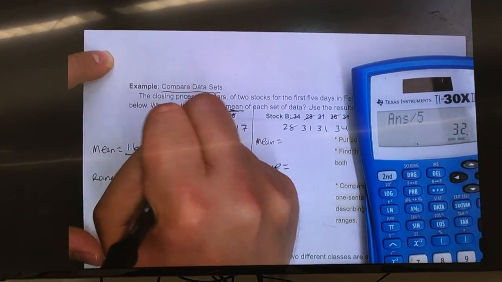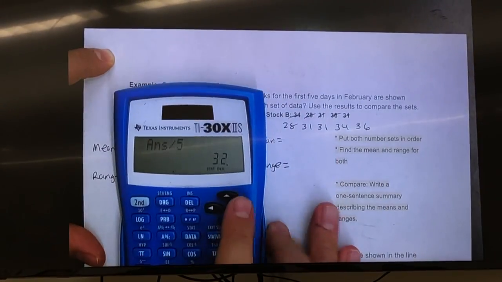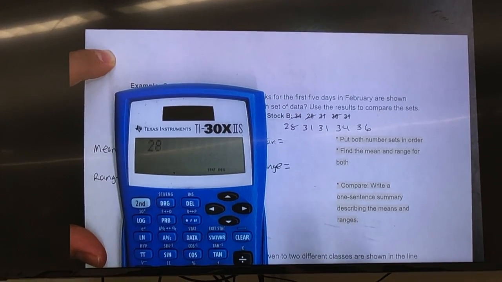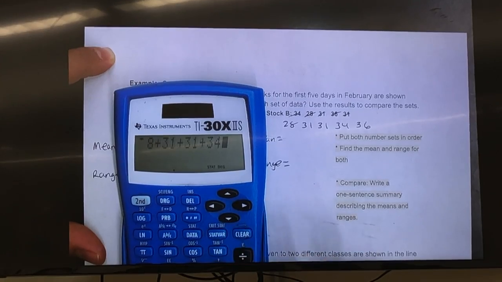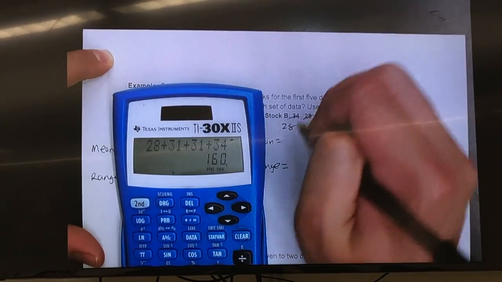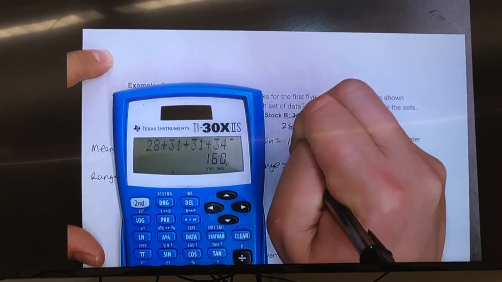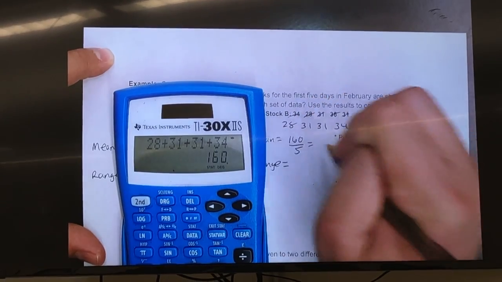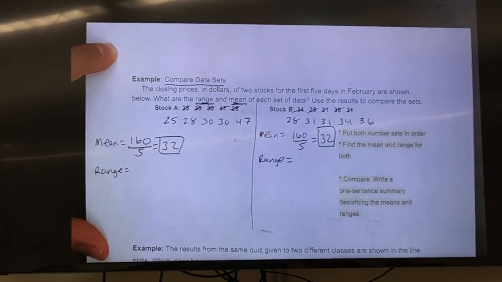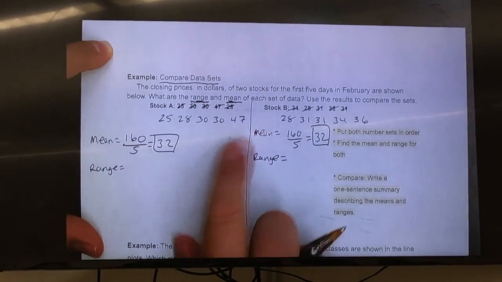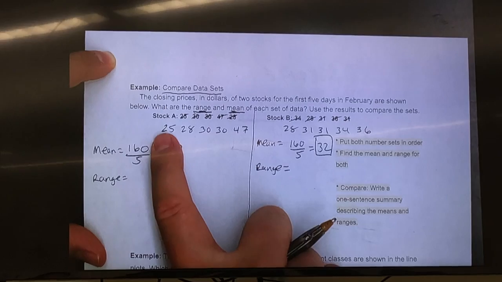All right, let's go ahead and do that for the other one. So 28 plus 31 plus 31 plus 34 plus 36. So 160 divided by 5. Oh my gosh, they're the same. 32.